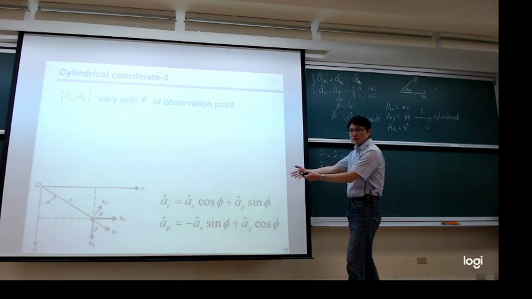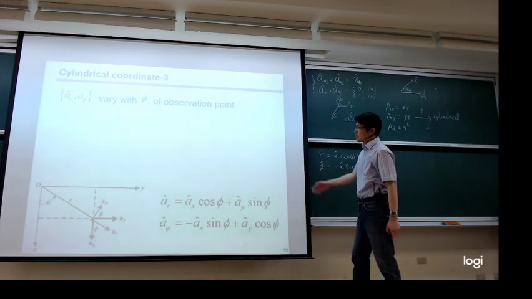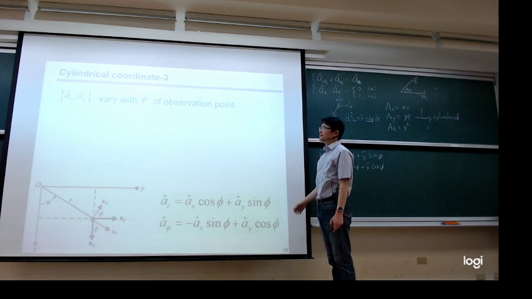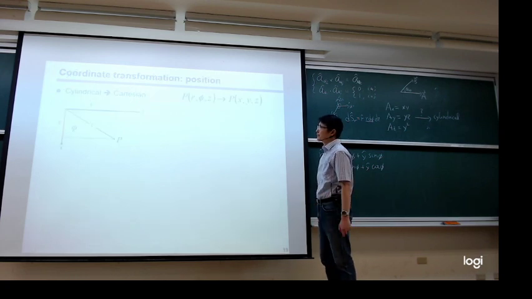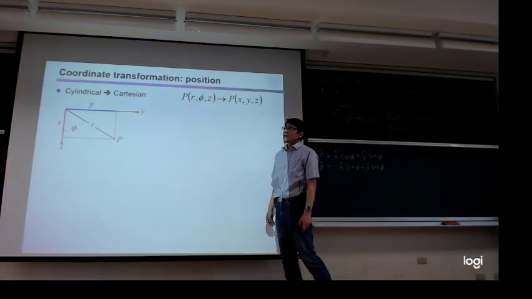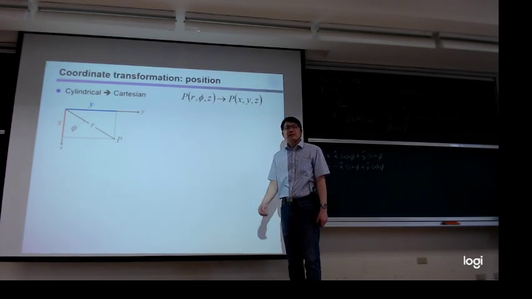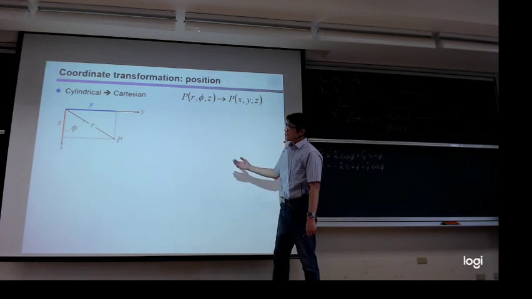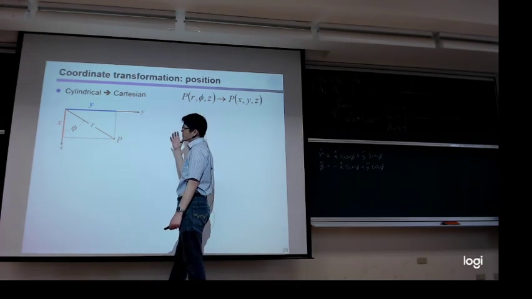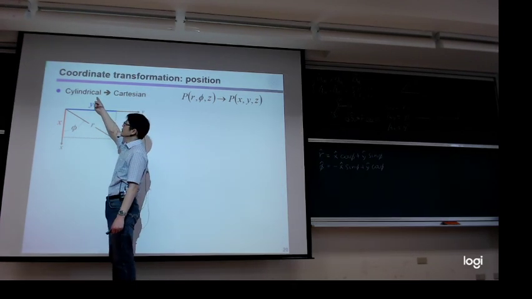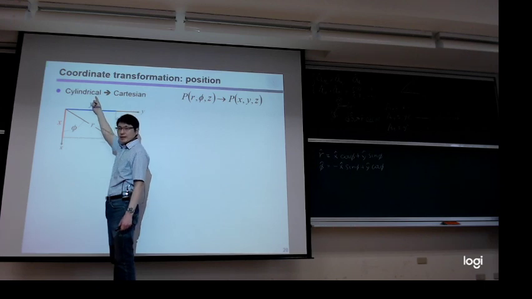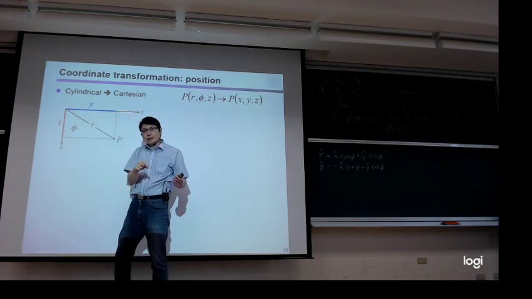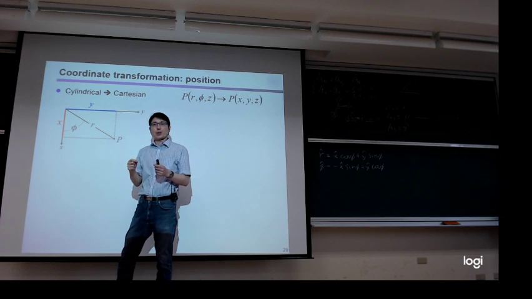And then you can just freely convert. Okay, so let's come back to the PowerPoint. Let's try to convert the positions. Okay. Suppose I know a position expressed using cylindrical coordinate. Can I transform it into the Cartesian coordinate?